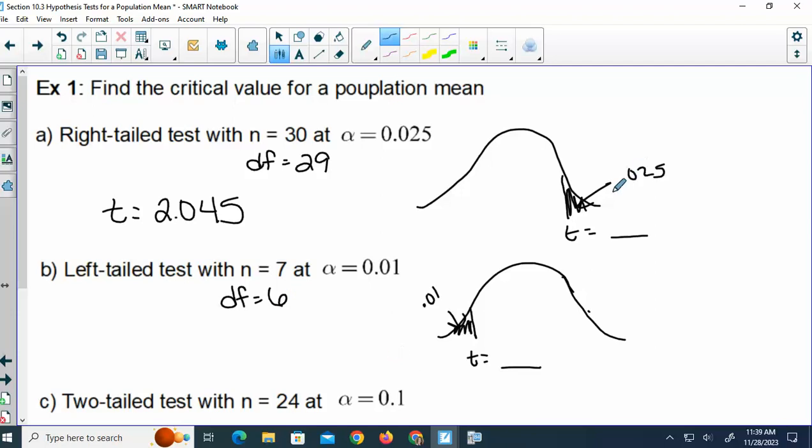With this distribution, we have to remember it is centered at 0. So my table is going to give me area to the right. How would I do the left t then? It's a negative of the t in the table. So we go to 6 degrees of freedom over to 0.01, and that is 3.143. But because it's the left side, we know it would be a negative.